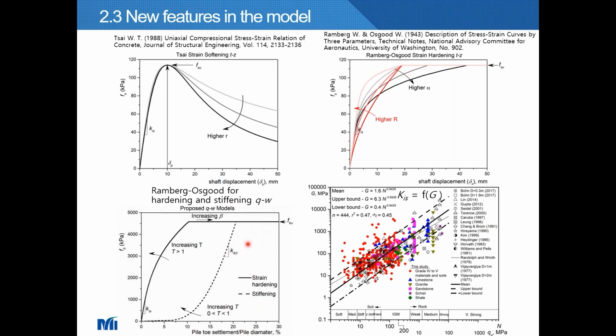Using the same equations, I mean the Ramberg-Osgood equations, we can model the hardening and stiffening QW curve by just changing the constant T.